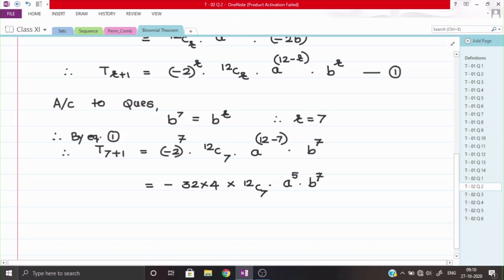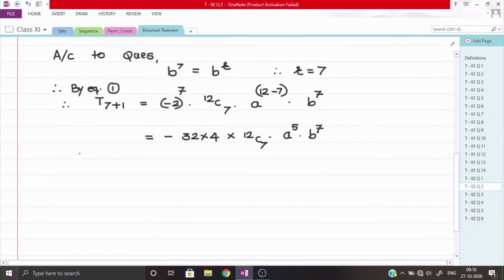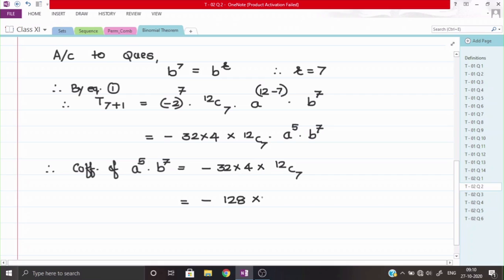You see, we require the coefficient of a to the power 5 into b to the power 7. So finally we shall write down the coefficient of a to the power 5 into b to the power 7 will be equal to minus 32 into 4 into 12C7. Now minus, 2 into 4 is 8, and 4 to the 12, that will come minus 128 into 12C7.